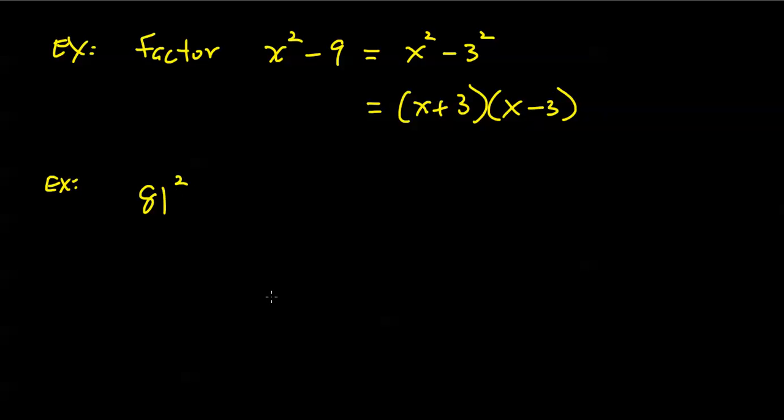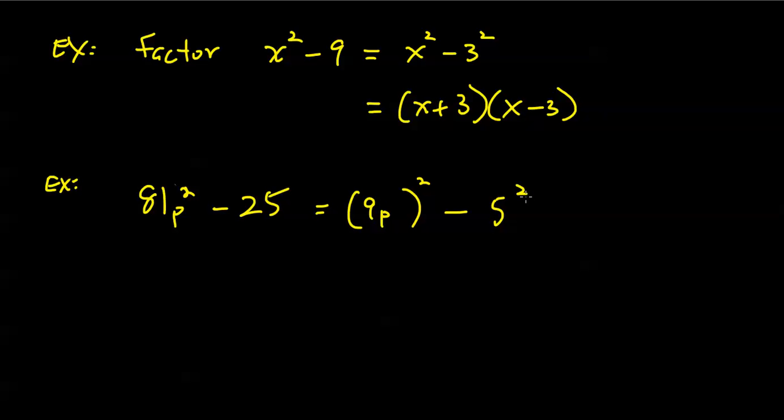Let's do something a little tougher. 81 p squared minus 25. Hopefully we recognize 81 as a perfect square. P squared is of course a square, and 25 is also a perfect square. I can claim this is going to be the square of 9p minus the square of 5.